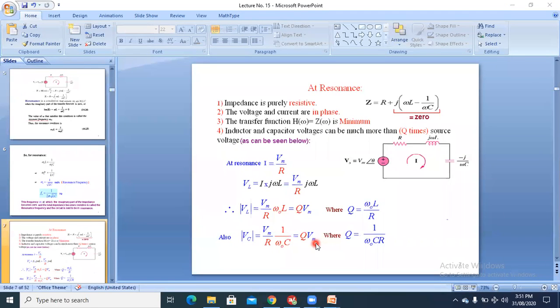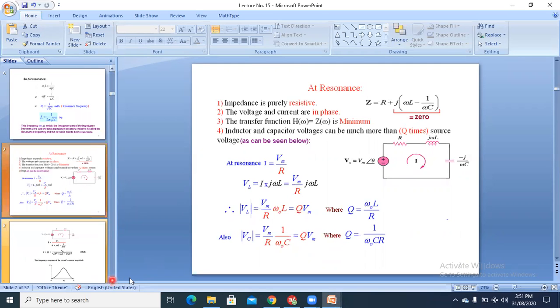So this is in fact a quality factor, and you can also learn that this quality factor will help us to determine the bandwidth.